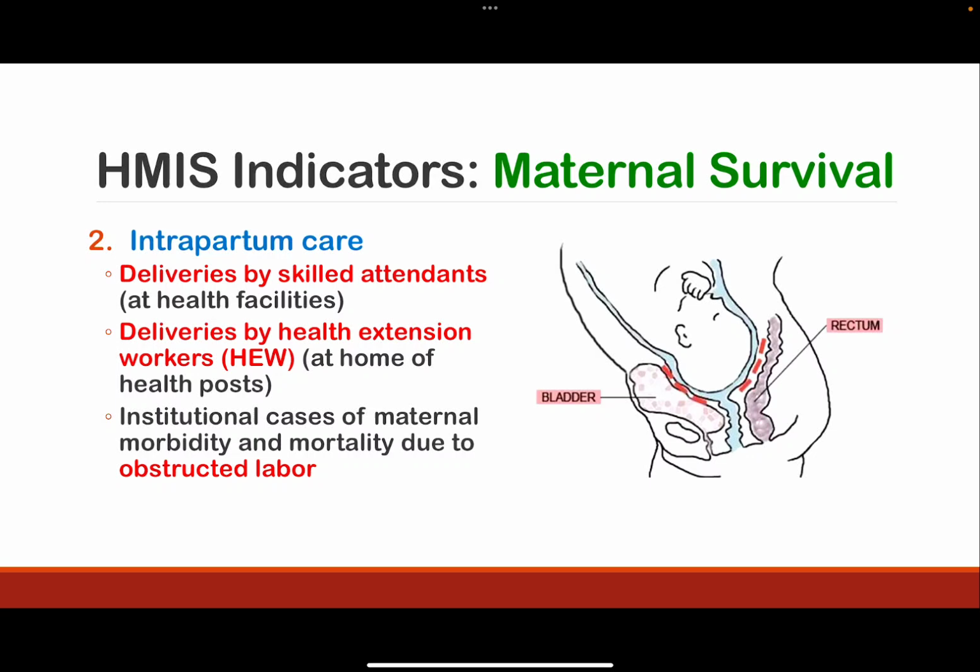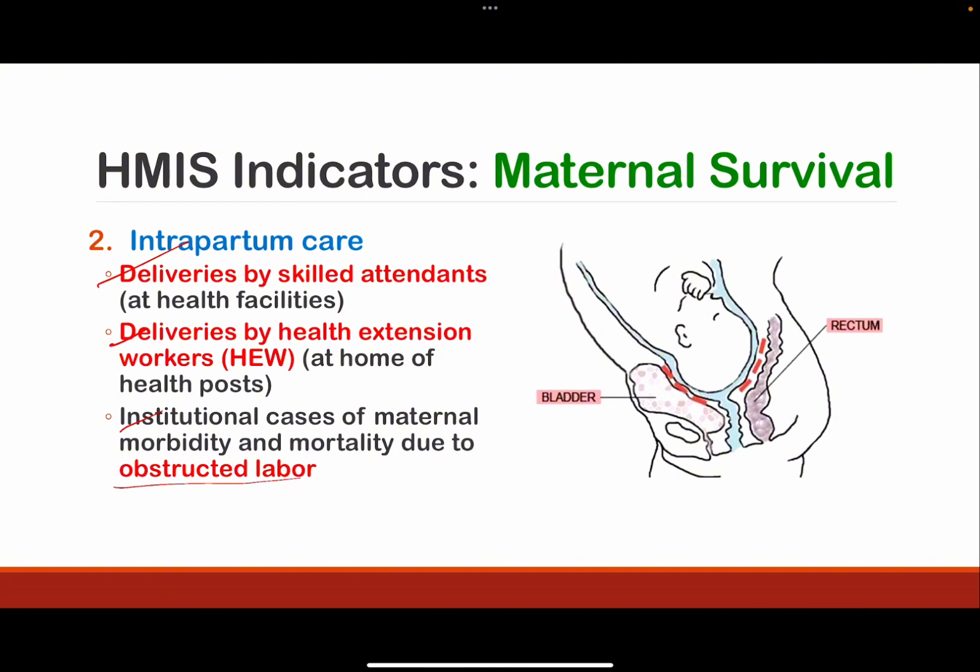Second, intrapartum. Intra means within, so it is during childbirth. This is all about delivery: deliveries by skilled attendants at health facilities, deliveries by health extension workers, and institutional cases of maternal morbidity and mortality due to obstructed labor. Okay?